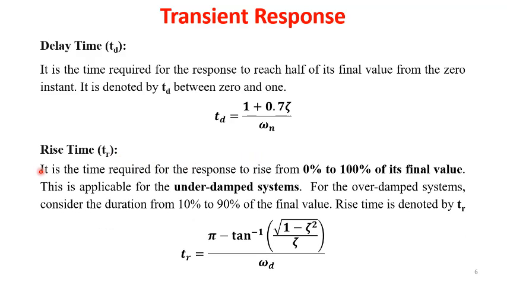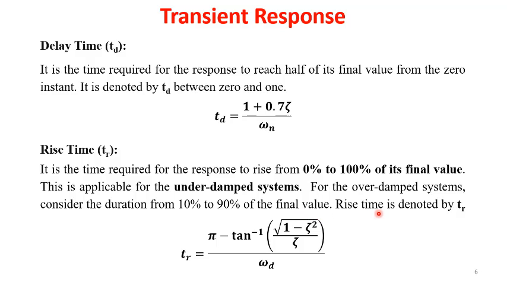Next, rise time. It is the time required for the response to rise from 0% to 100% of its final value. This is applicable for an under-damped system. For an over-damped system, the duration considered is from 10% to 90% of its final value.